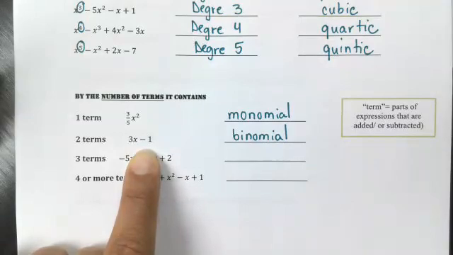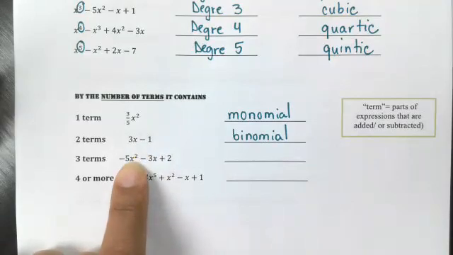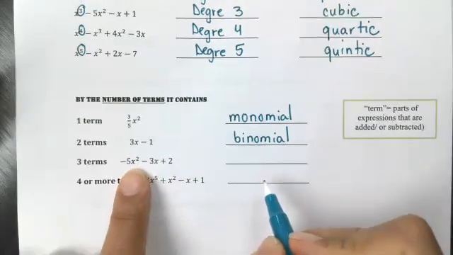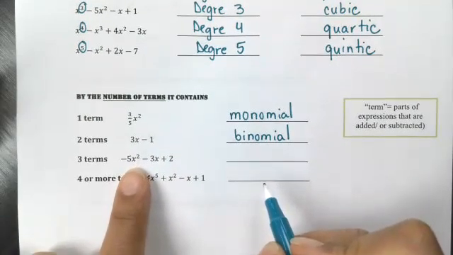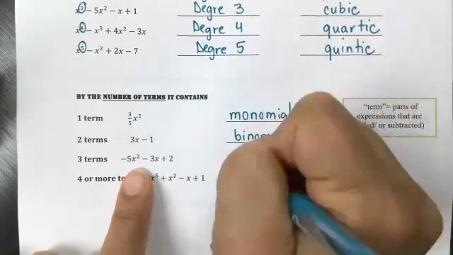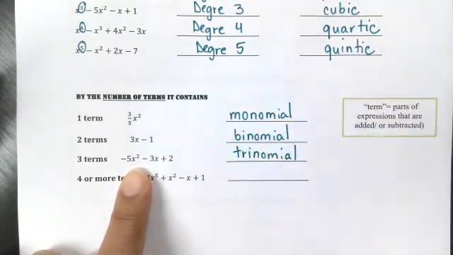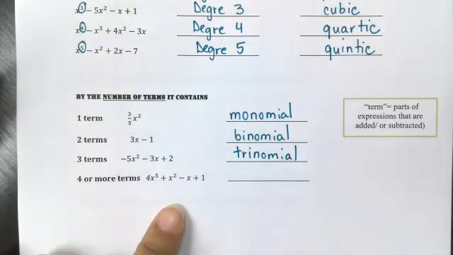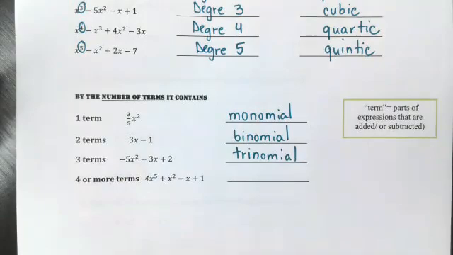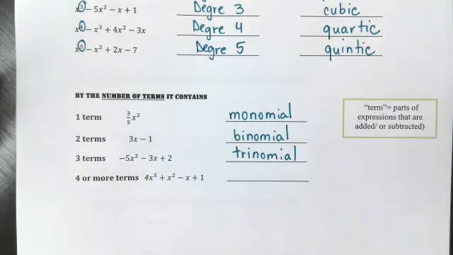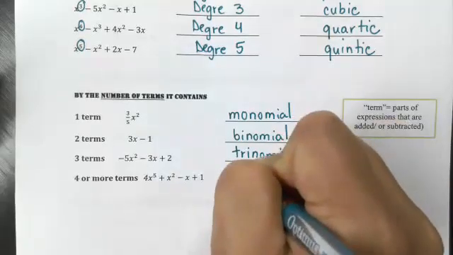A very common binomial is the difference of squares binomial, because you have a factoring rule for that. But we will get to those a little bit later. Three terms, it will be trinomial. Anything more than three terms, you don't have a name for it.